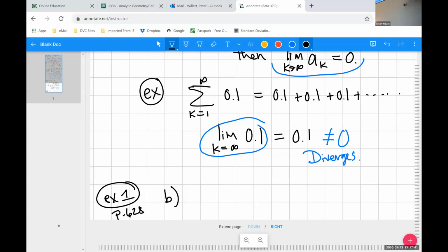Part B has the summation as k goes from 1 to infinity of (1 plus 3 to the k) over 2 to the k.